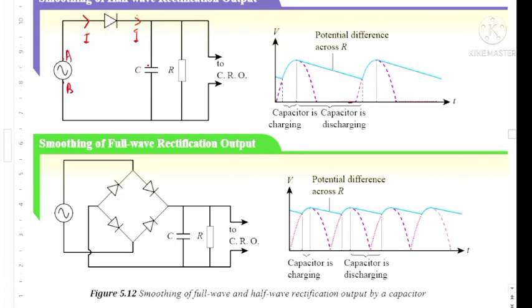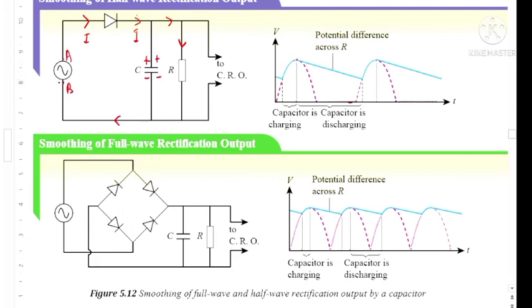A is the positive terminal, so it will collect charge here. Then the current will continue to flow to R and complete the circuit. When current increases, the capacitor is being charged, and when current is maximum, it will be charged maximally here.